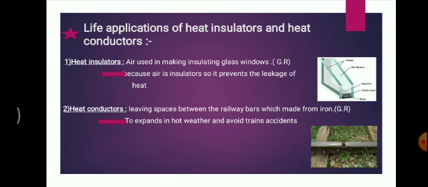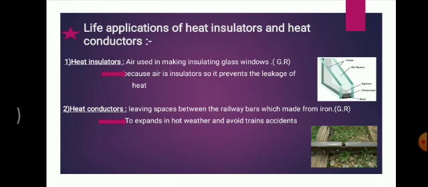Again, give reason: air is used in making insulating glass windows because air is an insulator, so it prevents the leakage of heat from inside to outside, and it keeps the house warm.